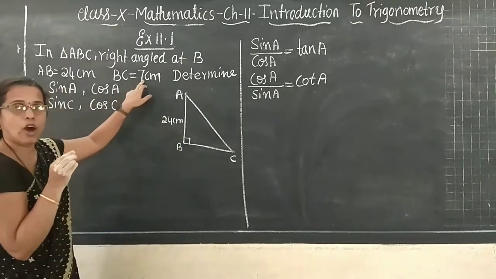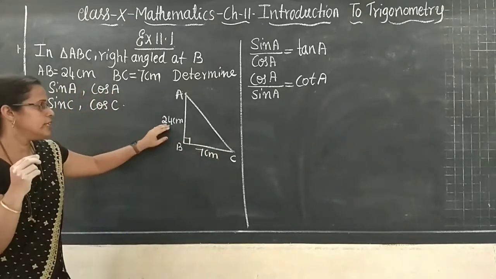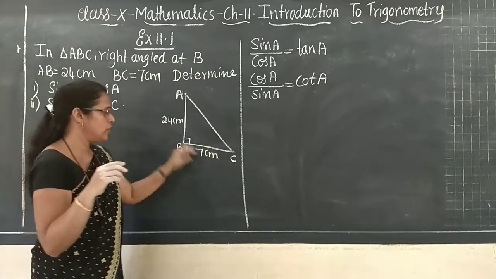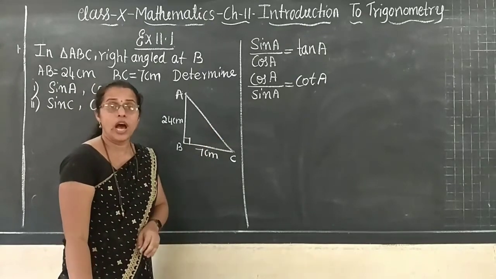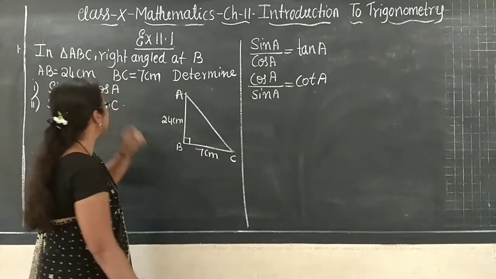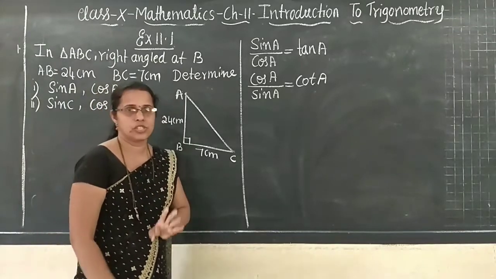BC is how much? 7 centimeter. So children, whenever they have given two sides, the third side also we have to find out. Otherwise, finding the ratio is very difficult. So three sides of a triangle must be there.